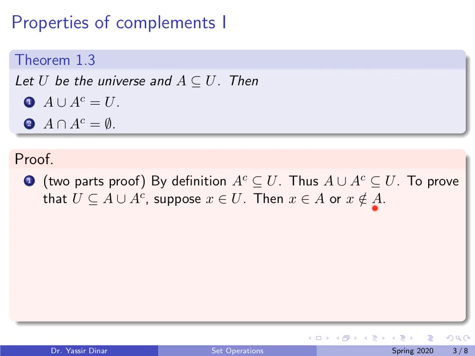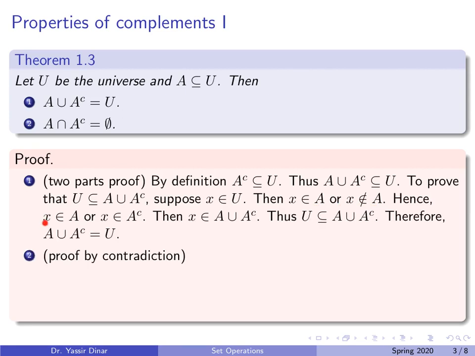This statement is always true because we have a statement or its negation. But that means X belongs to A or X belongs to A complement, because if X is not in A, that means it is in A complement. Thus, X is in A union A complement, and this is the definition of the union. So if X belongs to A or to A complement, that means X belongs to the union of the two sets.